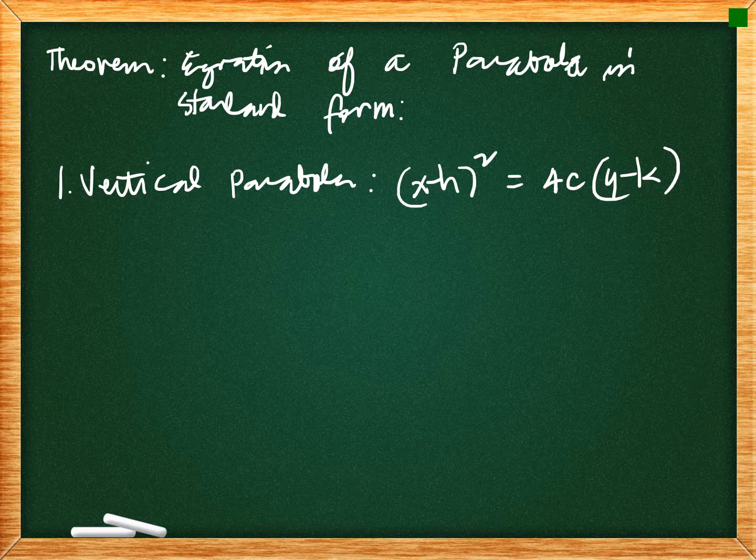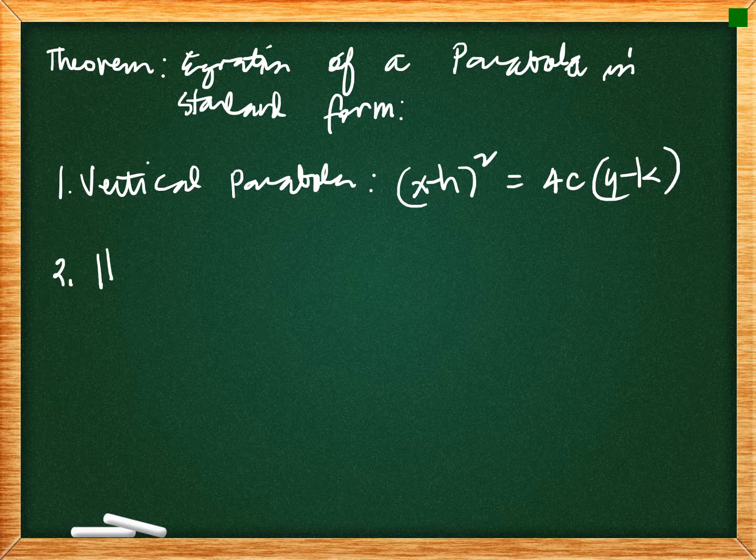Again, the c here, do not forget the c is a directed distance. So this becomes negative when the distance from the vertex to the focus is going down, then the c would become negative.